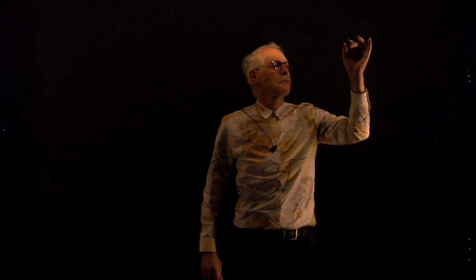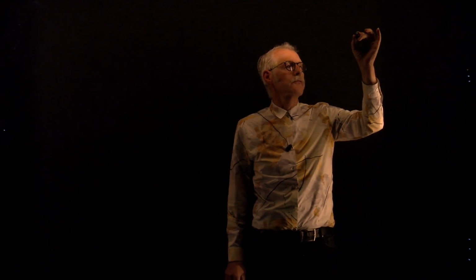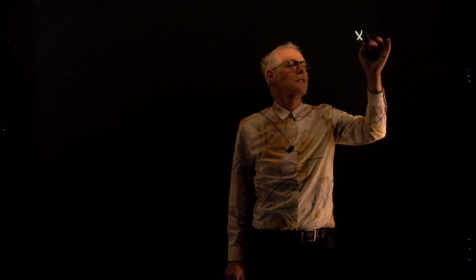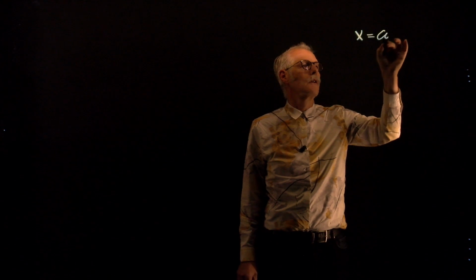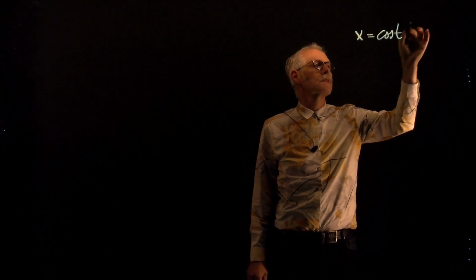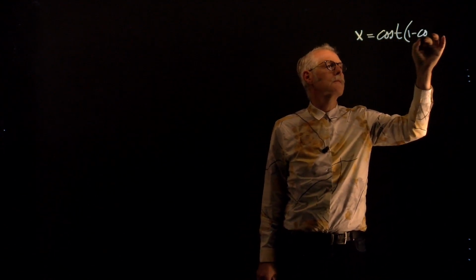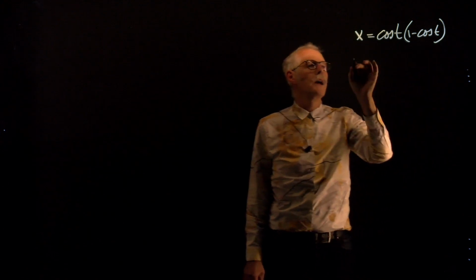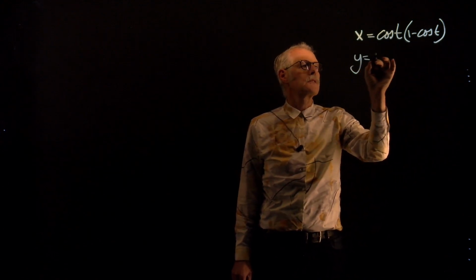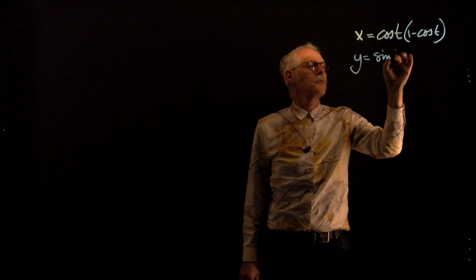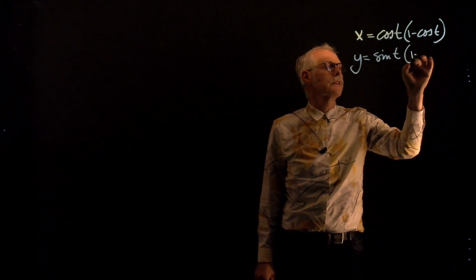So let me summarize what we have seen so far, namely the x equals cosine t times 1 minus cosine t, and the y equals a similar formula, but then we have a sine.